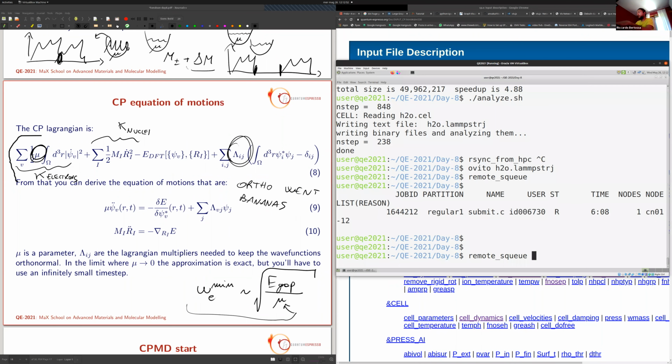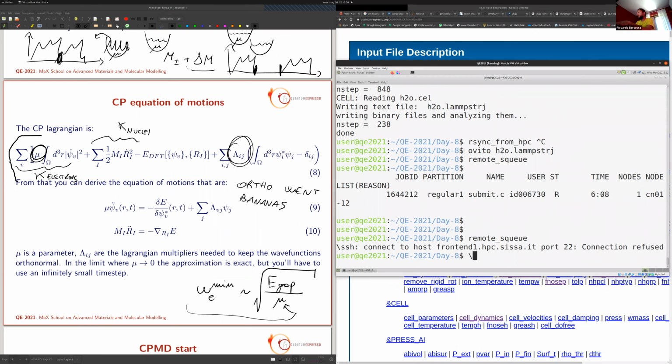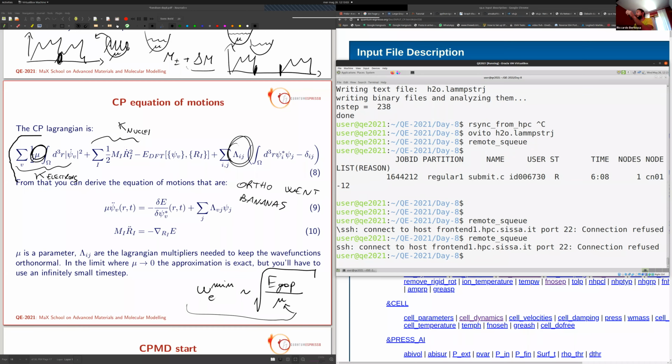Okay, let's see if it is finished. Connection. I lost the VPN, sorry. What happens to the VPN? My VPN stopped working, I don't know why.